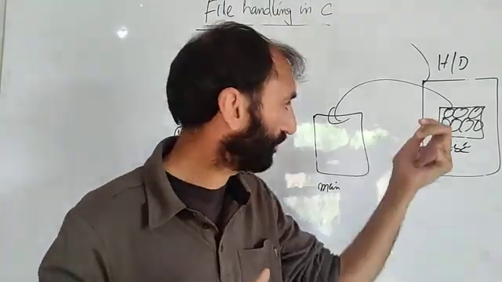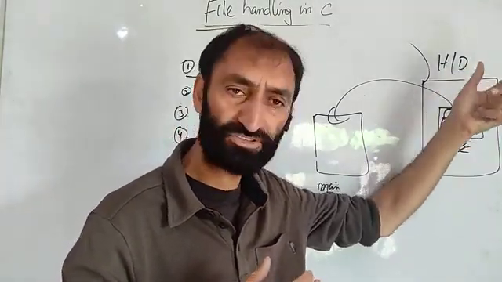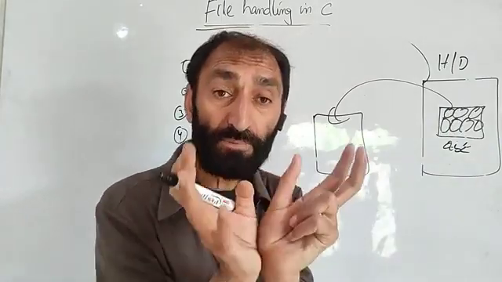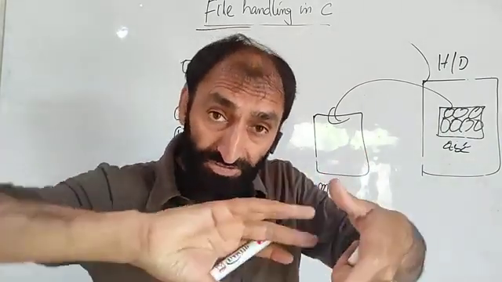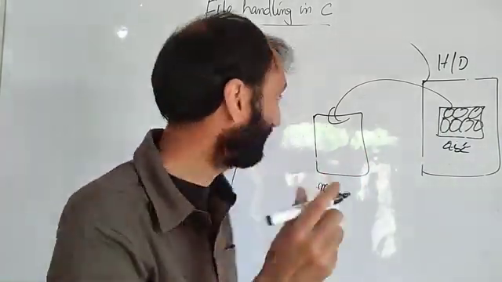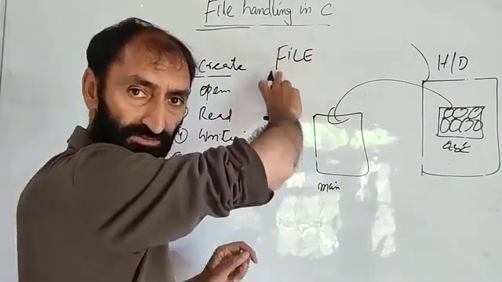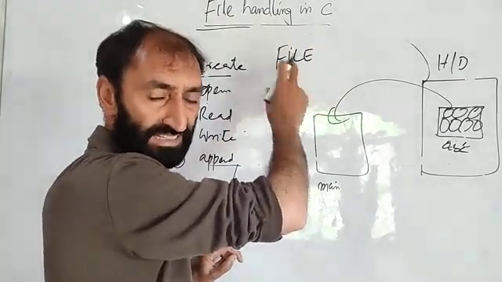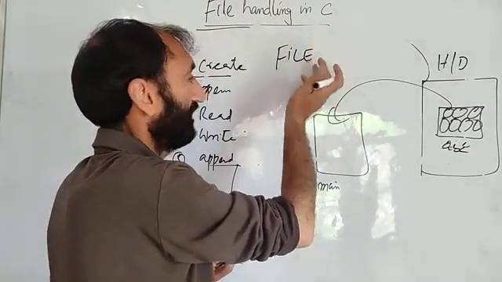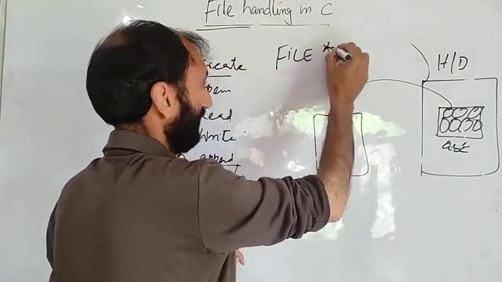The files which are stored on secondary devices, or the hard disk, can be handled with the help of pointers. This is the file pointer: FILE, which is a type, just like a data type, followed by an asterisk and ptr.